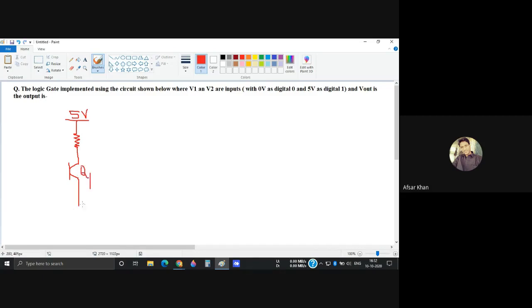Here the input is with a 1K resistor, and here the resistor is also 1 kilo ohm.